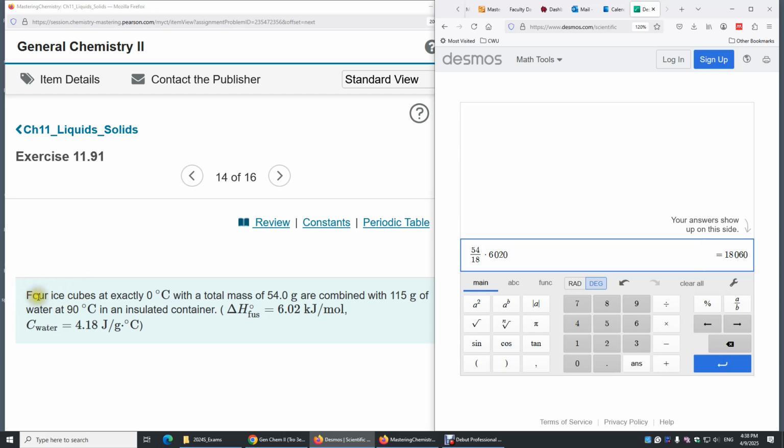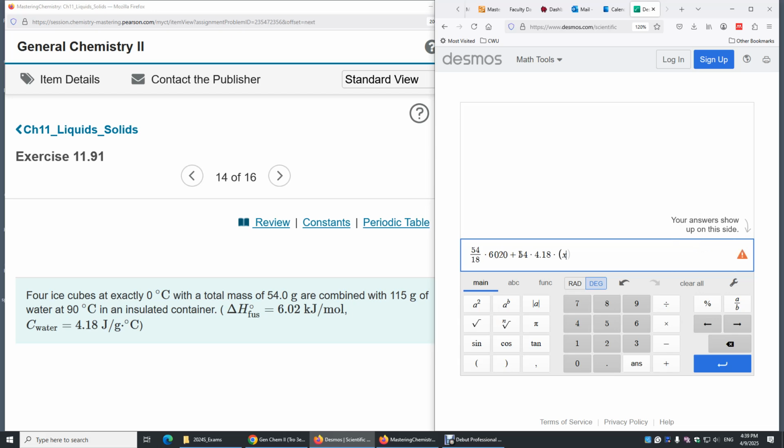The number of ice cubes is useless. We don't really care how many ice cubes there are. As long as we know the mass and the molar mass, we get the number of moles multiplied by the enthalpy of fusion. We have the amount of heat required to melt the ice cubes. That's it. And then we further heat up the 54 grams of water from 0 degrees Celsius to the final temperature, X degrees.